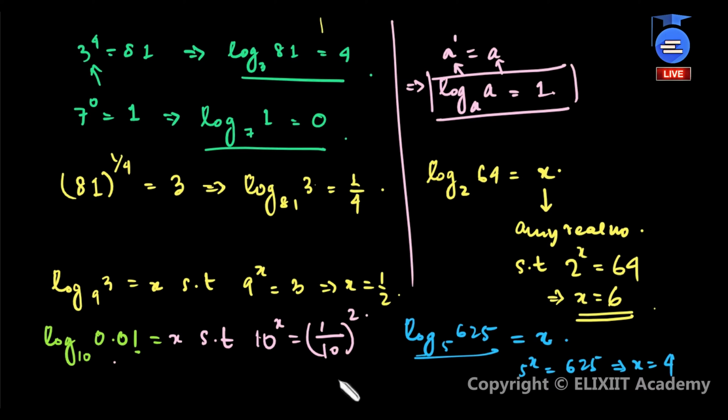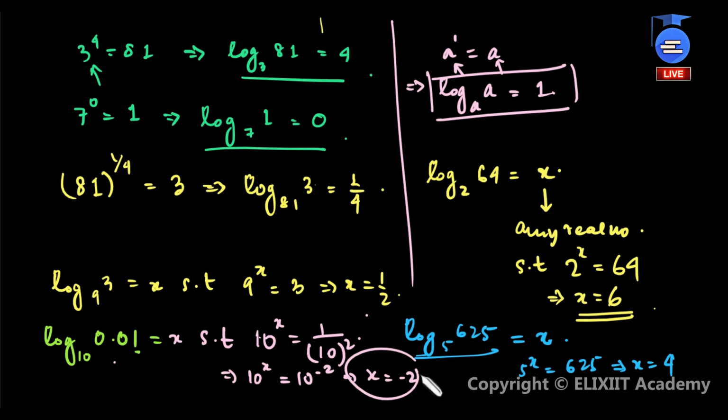So this is same as 10 to the power x is equals to 10 to the power minus 2. So x is equals to minus 2.